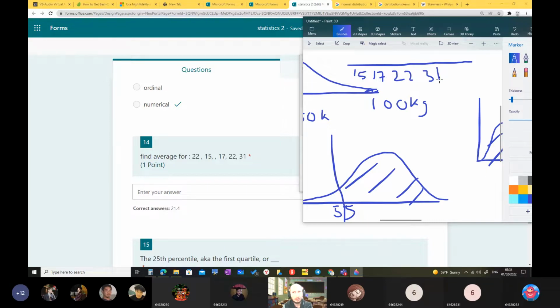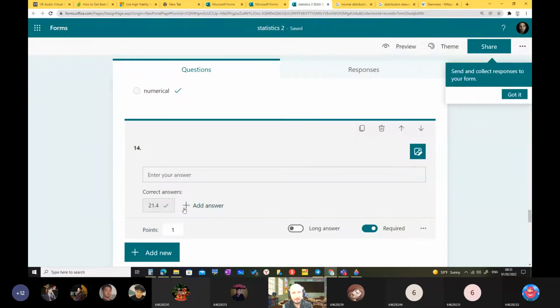So the middle is, we need to find the middle number. Okay, so it's between 15 and 31, so something like 21 here, middle. Okay, we divide. And same with average. Often average and median are the same.